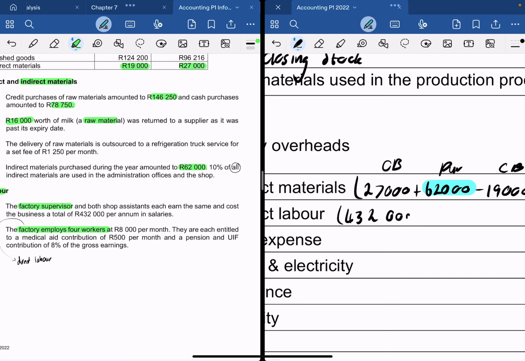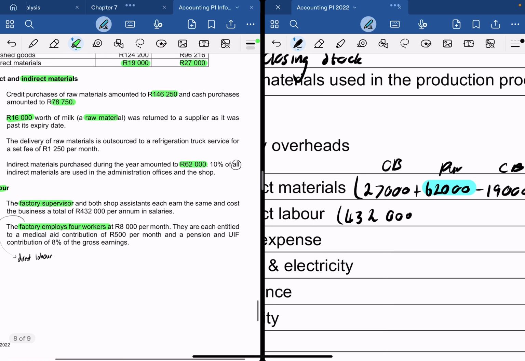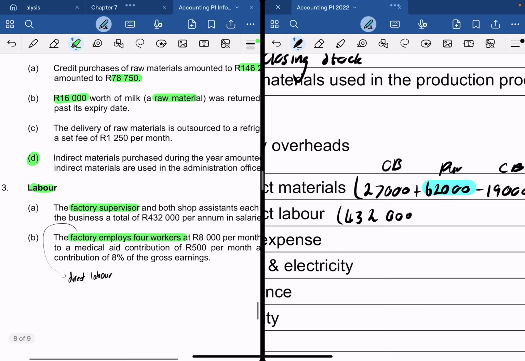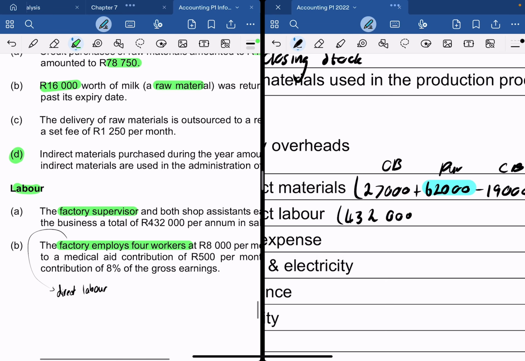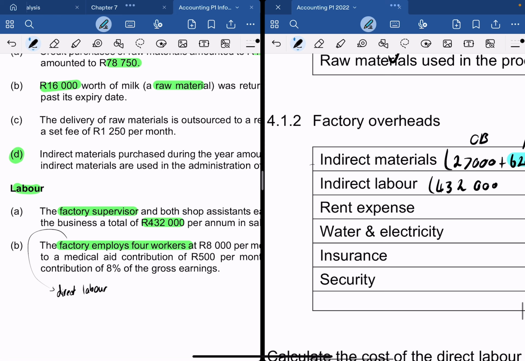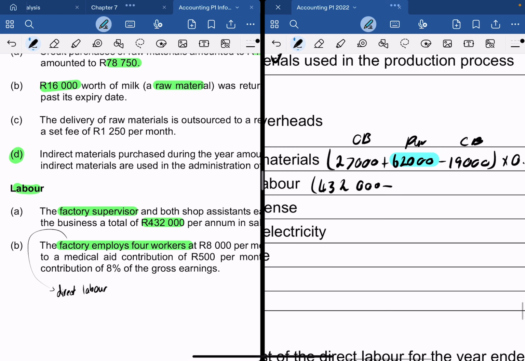Perfect. So let's go to our indirect labor, 432,000. But the factory supervisor and both shop assistants, that means this total cost is for all three of them, right? But we only care about what's going on in the factory. It's called factory overheads, right? It's not called shop overheads, factory overheads. So we need to divide this by 3, right?